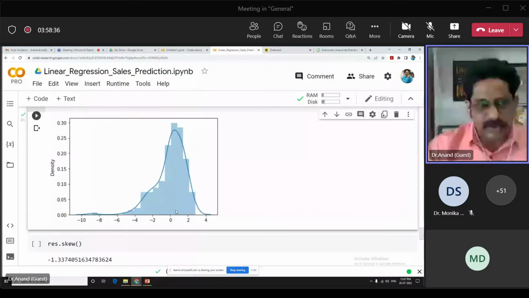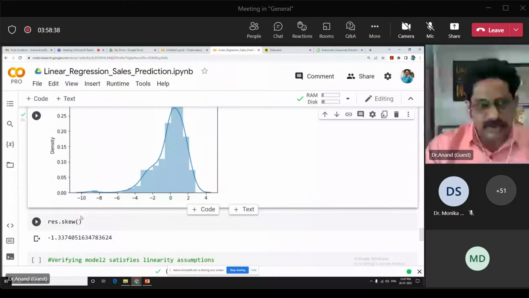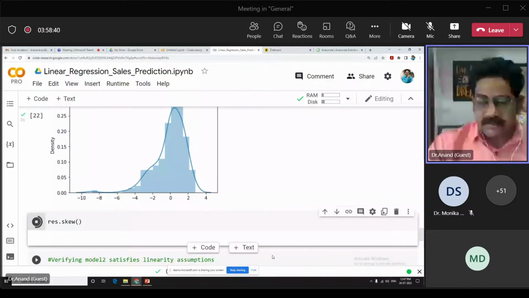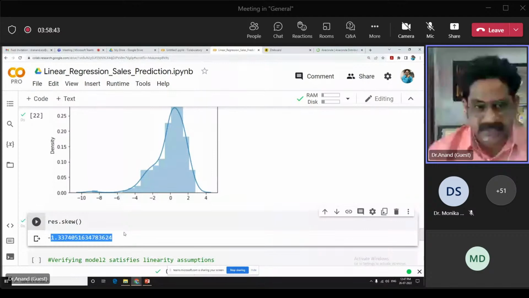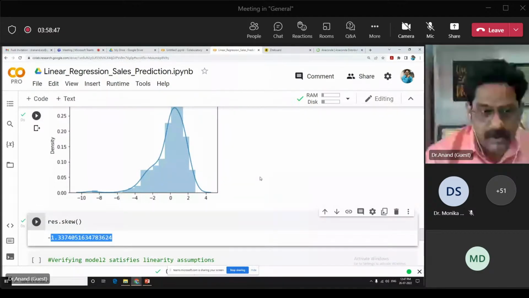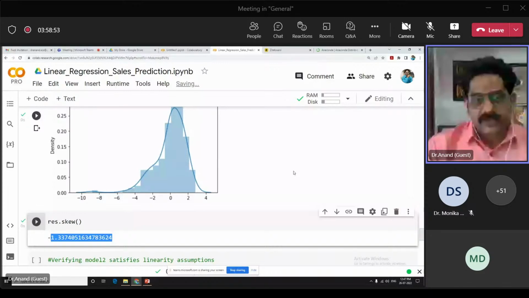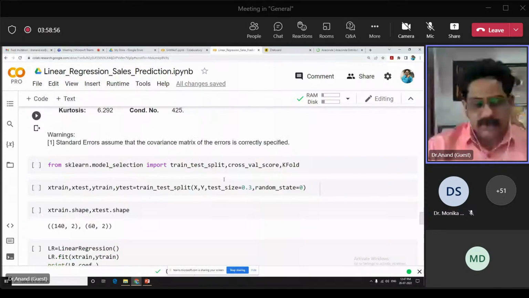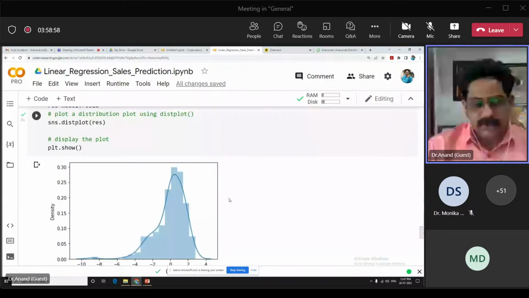You can simply check the skewness using the skew function. Negatively skewed. That means I have used a variable which is violating the linearity assumption. That is why your overall model residue is skewed. And also your residue should be near normal distribution. This is what the residue should come close to, the near normal distribution.